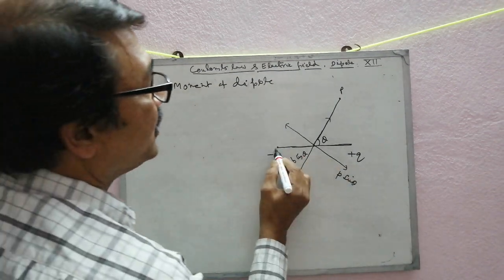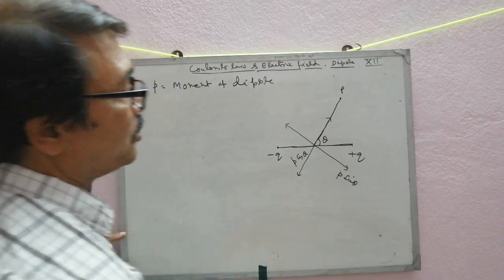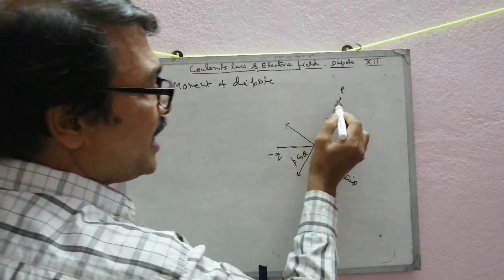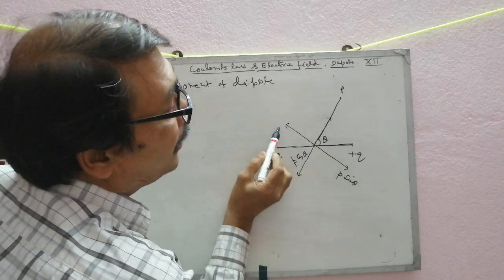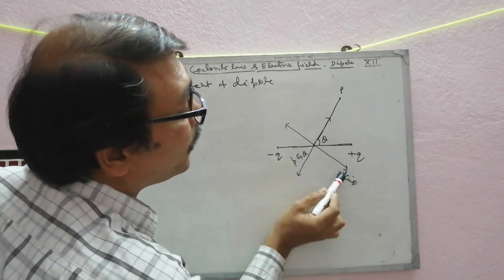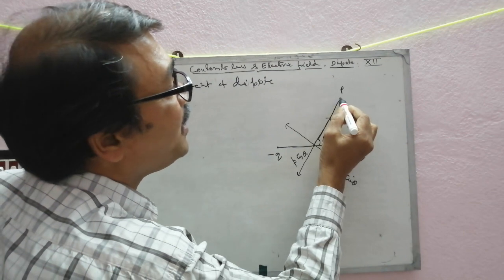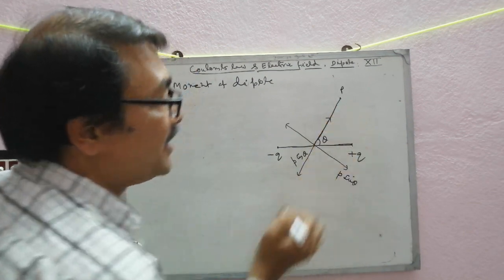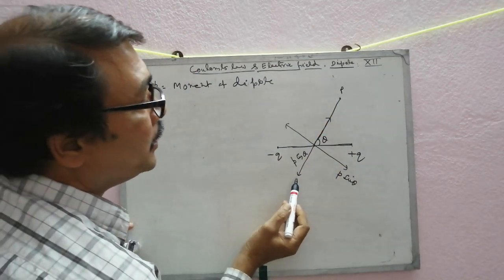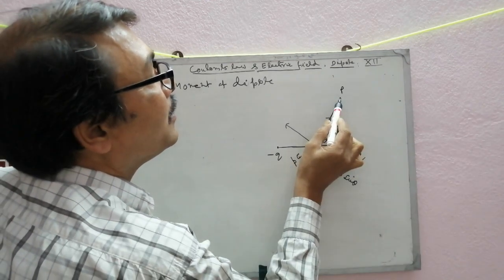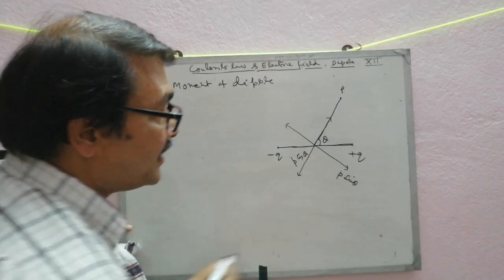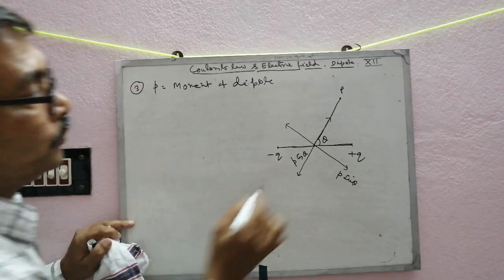Here the distance between minus q and plus q, the axis of the dipole, is 2a. So at any point, due to the component P sin theta, the point P is on the perpendicular bisector, and due to the component P cos theta, the point P is on the axis of the dipole.